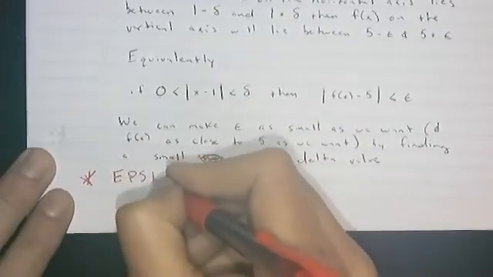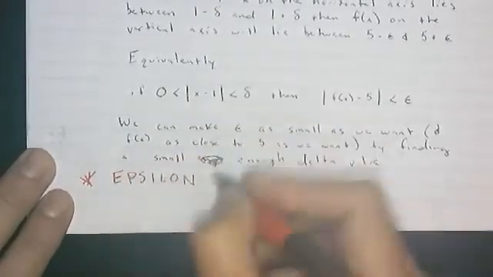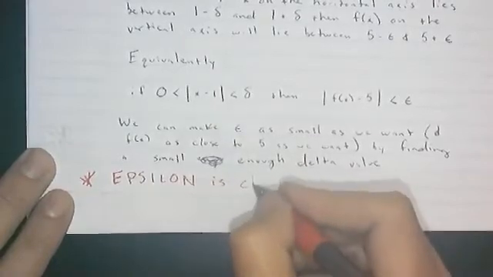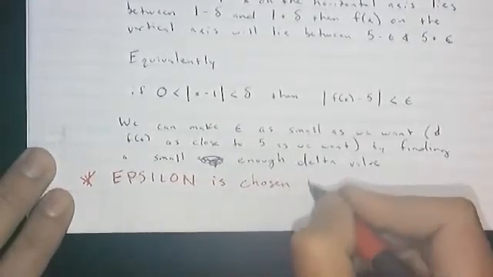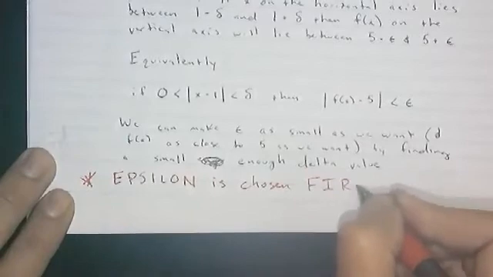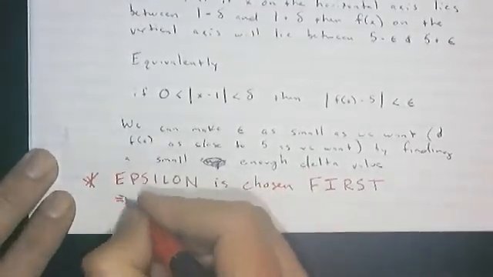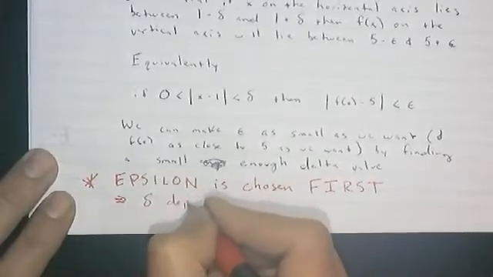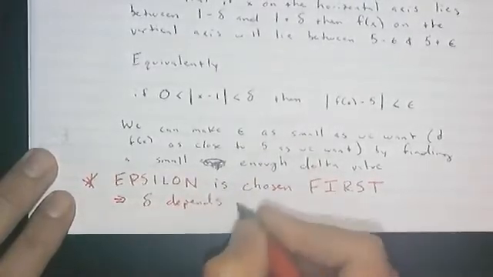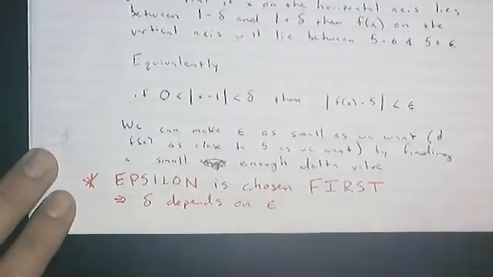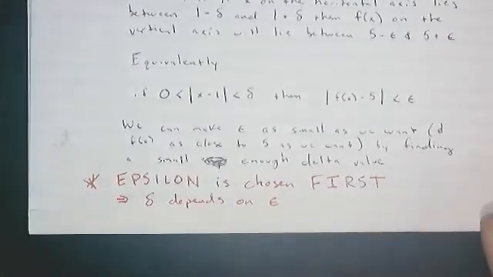Epsilon is chosen first. In other words, delta depends on epsilon. The smaller we make epsilon, the smaller the delta becomes.